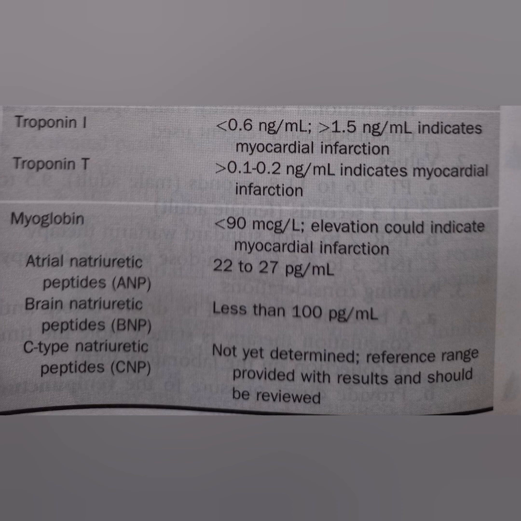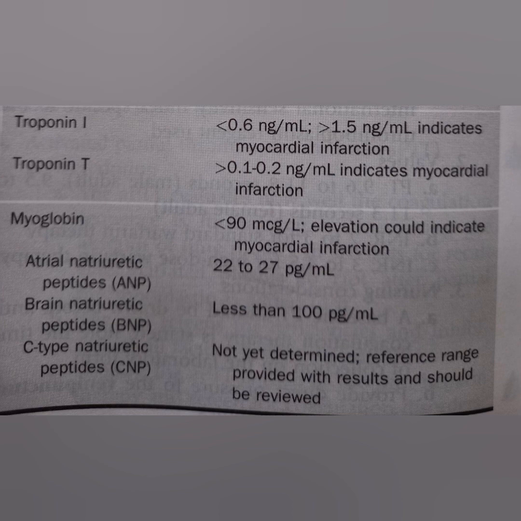Next important topic is natriuretic peptide. Natriuretic peptides are neuroendocrine peptides that are used to identify clients with congestive heart failure. There are three major types of peptides. First is atrial natriuretic peptide, that is ANP, synthesized in cardiac atrial muscles, and its normal value is 22 to 27 picogram per liter. Second is brain natriuretic peptide, that is BNP, synthesized in cardiac ventricle muscles, and its normal value is less than 100 picogram per milliliter.